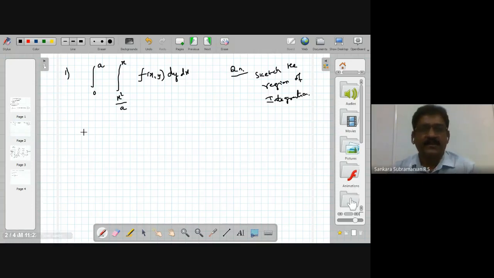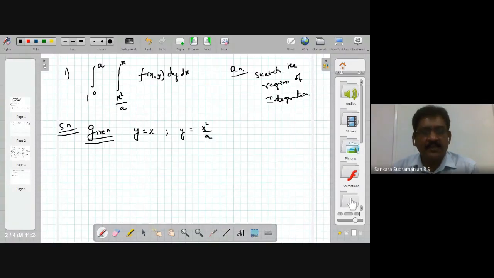How to do it, sir? First, step 1 is what is given. Since this is the x variable, it should be y equal to x. It should not be x equal to x. So given y equal to x, and this is in terms of x square by a, therefore it cannot be an x limit, it must be a y limit. y is equal to x square by a.